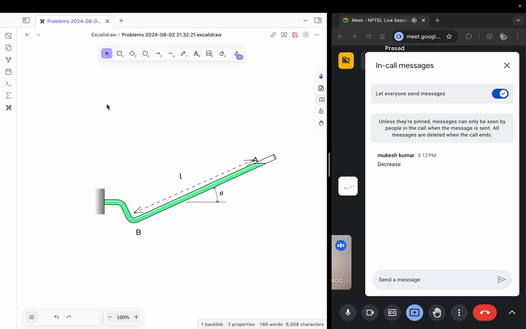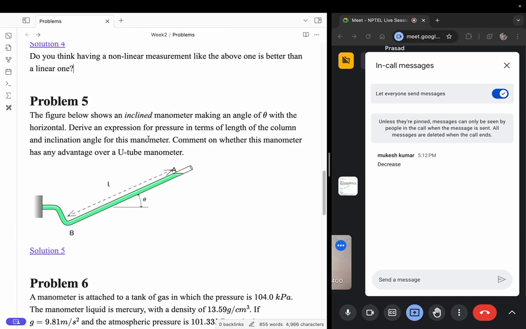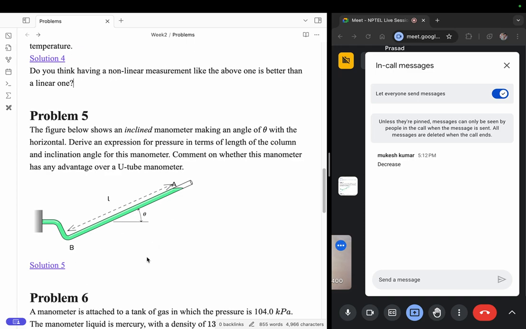What will be the pressure difference between points A and B? It's just the hydrostatic pressure that we discussed a while ago. So what will be the expression for that?